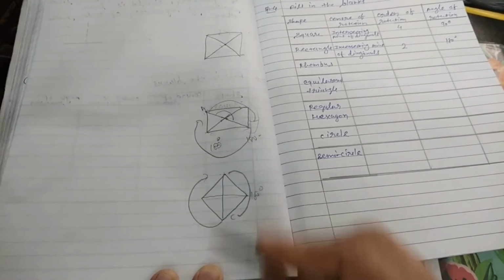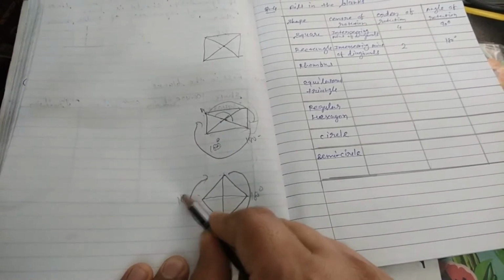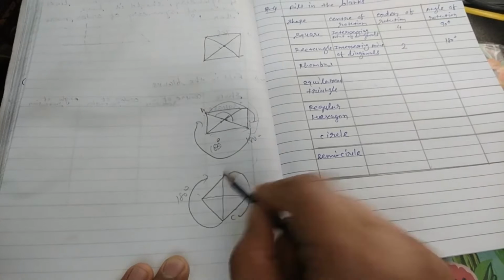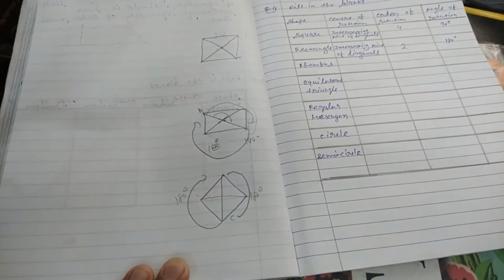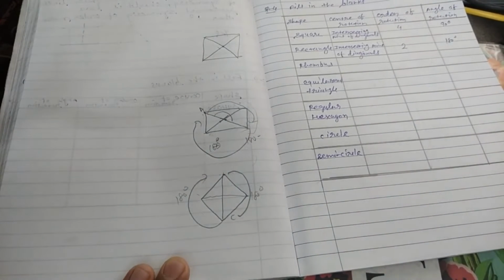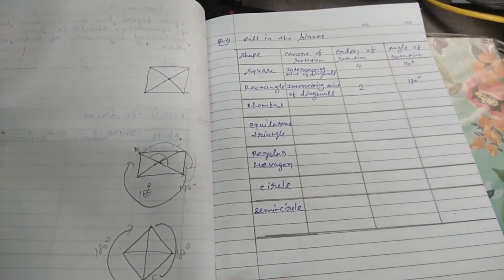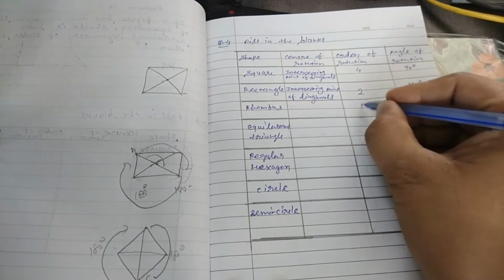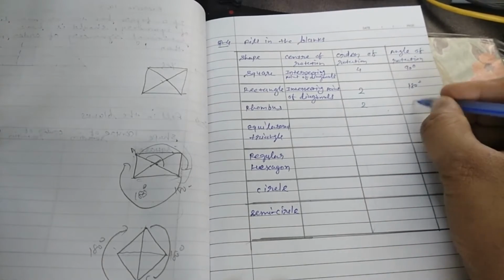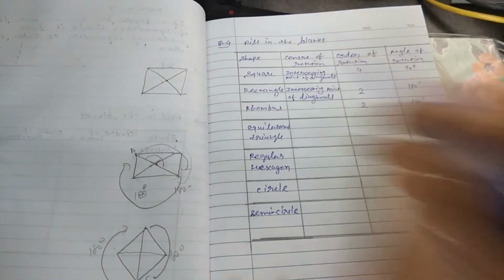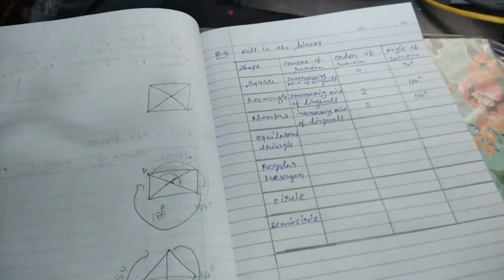Again we rotate the rhombus by 180 degrees, we get the original copy. So the order of rotation in a rhombus is 2.